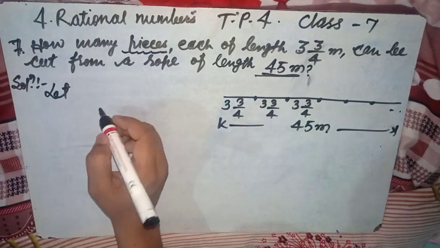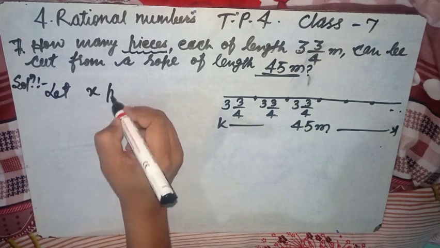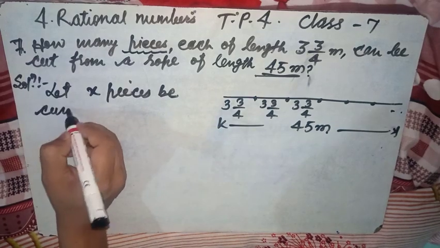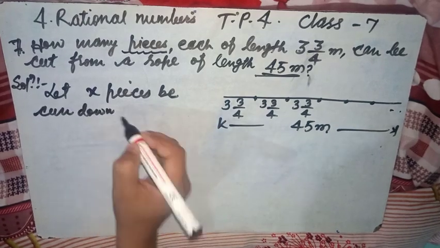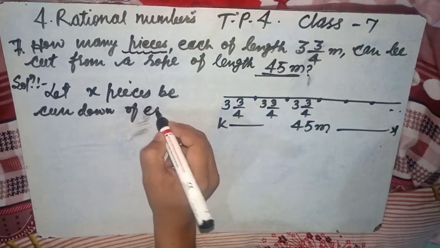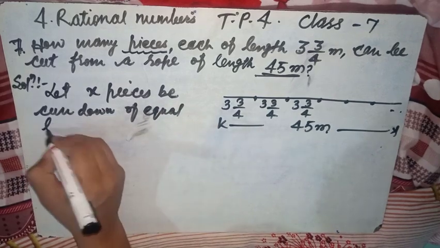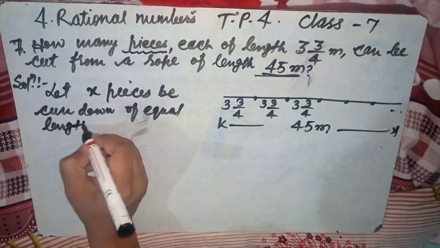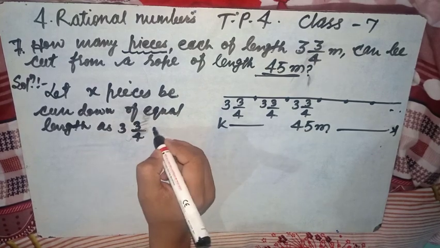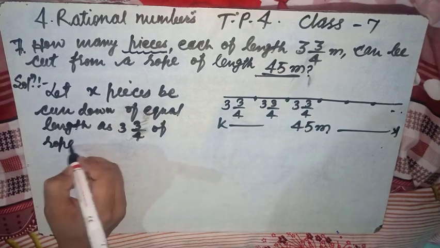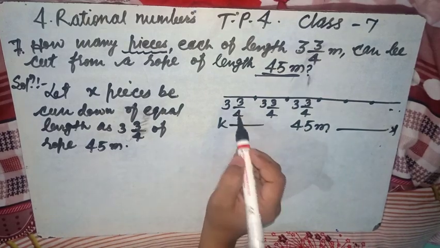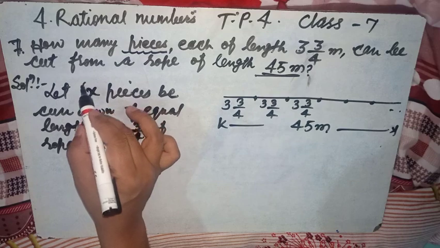Let x pieces be cut of equal length 3 and 3 by 4 from a rope of 45 meter. That means each piece is 3 and 3 by 4, and we consider the number of pieces as x.